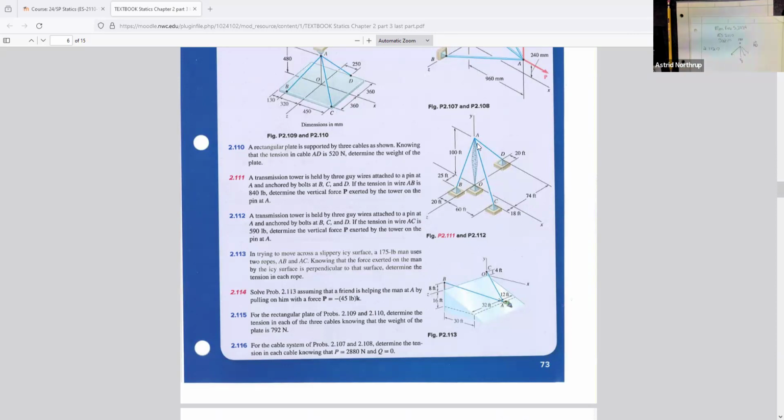When we find the force being carried in AD, we know that it is equal to the tension in AD times lambda along AD. So the first thing we have to do is determine lambda. Before we can determine lambda, we need to find the directional vector AD, okay?